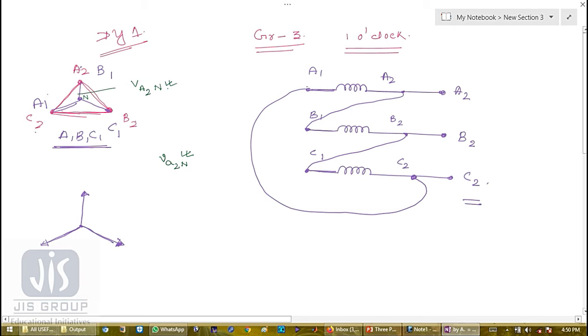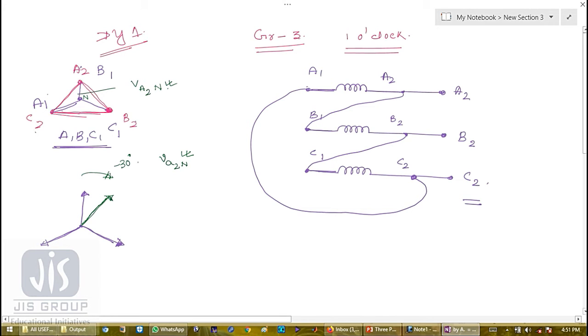In the primary or high voltage, this was A to N. Clockwise rotation will give me minus 30 degrees. Simple, like mathematics. So in the 30-degree position, let me draw this phase.